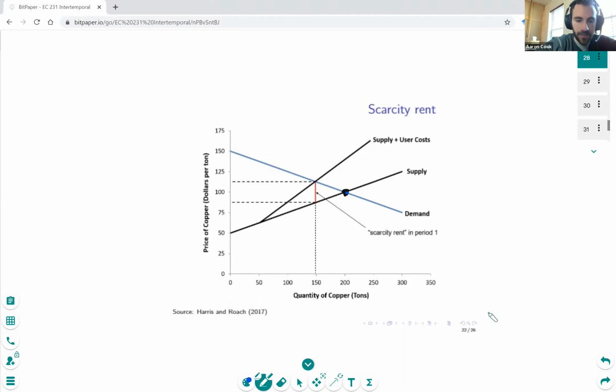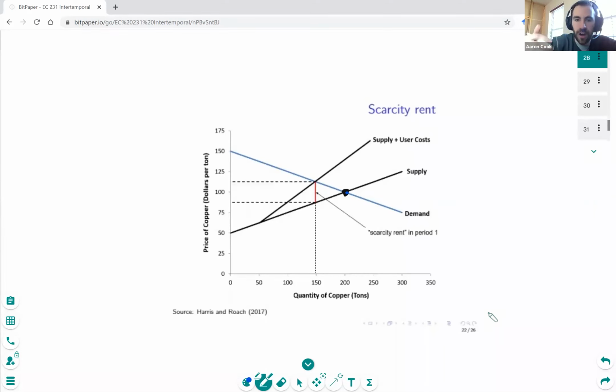Marginal profit is very small if you are selling all the way to 200 units, because marginal extraction cost continues to rise throughout the period as you extract more and more. But notice that if you were to cut back a little bit and not go all the way to 200, you would be able to charge a markup.